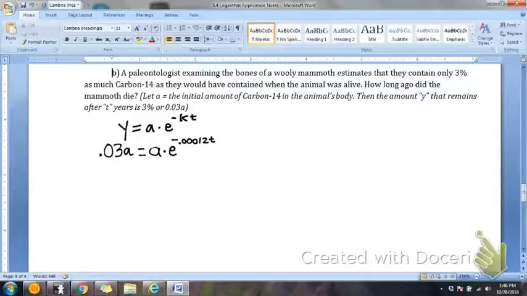All right, what do we need to do first? Look at what we did in problem A. Divide the A's off. All right, so let's divide the A's off both sides. Remember, I'm trying to get T, right? Quentin, what do we need to use to be able to get that T thing to drop down?